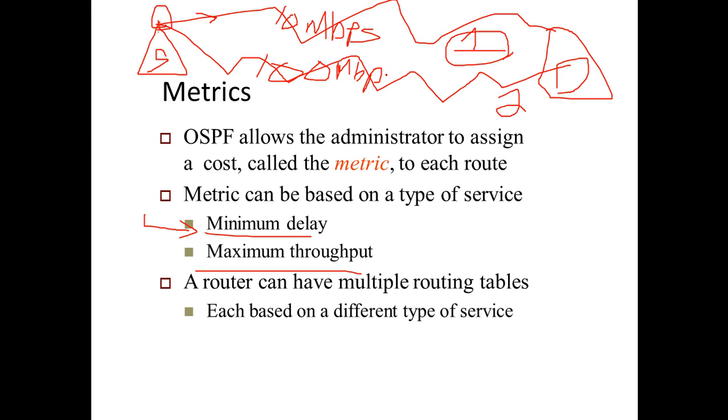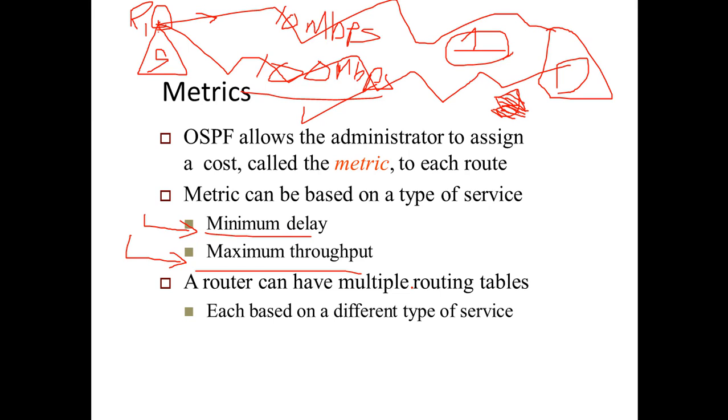You can transmit much more data in this channel, and the delay will obviously be the least if you increase the bandwidth. So now there will be maximum throughput over here, and the router R1 will always select this path if you choose the option of maximum throughput. It will choose the path that provides the maximum throughput towards the destination.